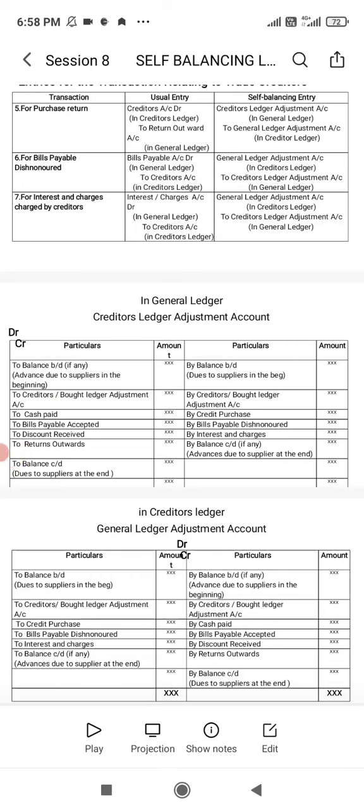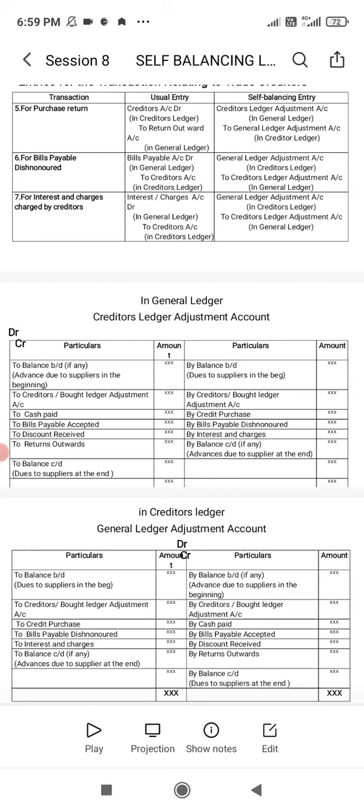These are all the entries we have to enter in the creditors ledger adjustment account. We see under credit side: by balance brought down, by creditors ledger adjustment account, under that by credit purchase, by bills payable dishonored, by interest charges, by balance carried down.